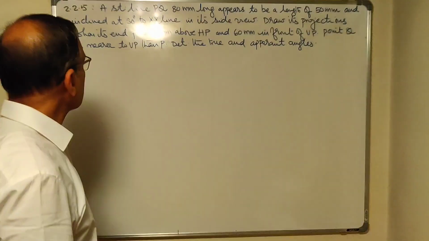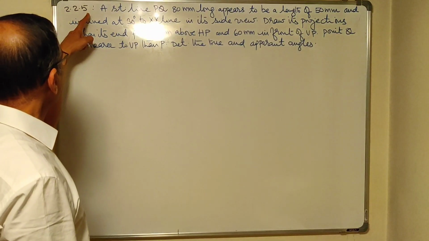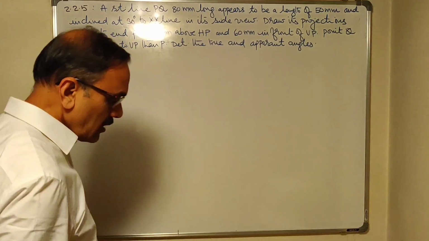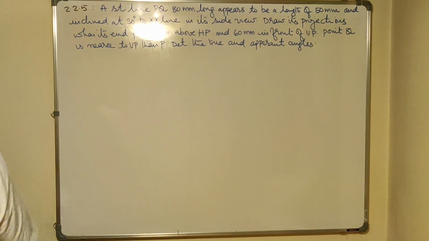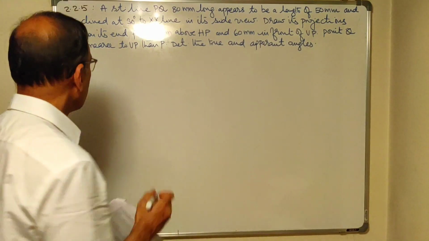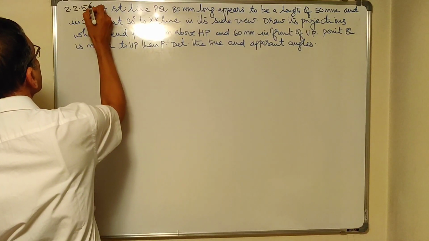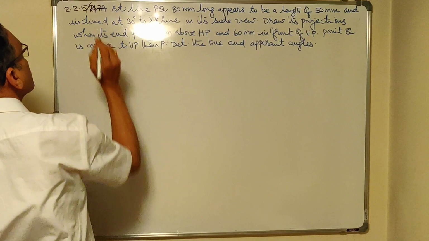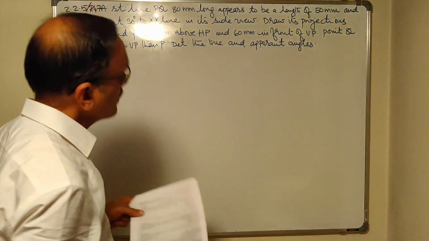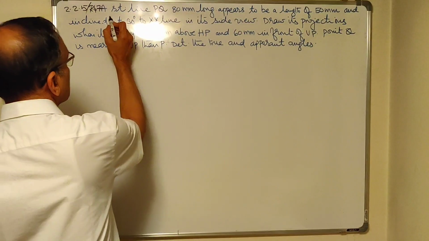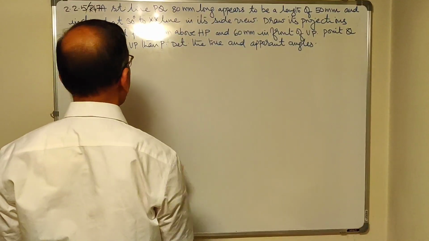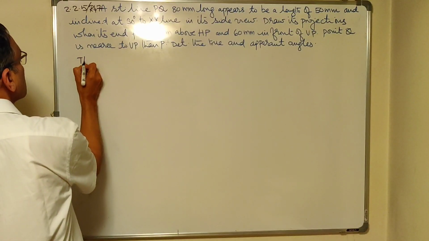The problem goes like this. The problem number is 2.2.5 and the reference number from the VTU primer is 47. So this is R47. A straight line PQ 80 mm long. That means you are given the true length as 80.